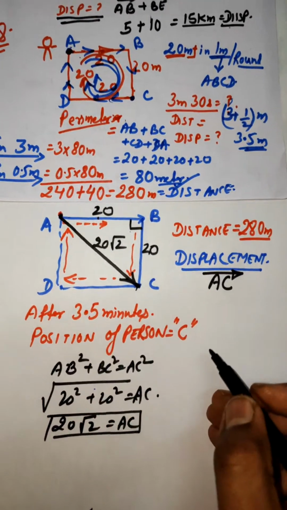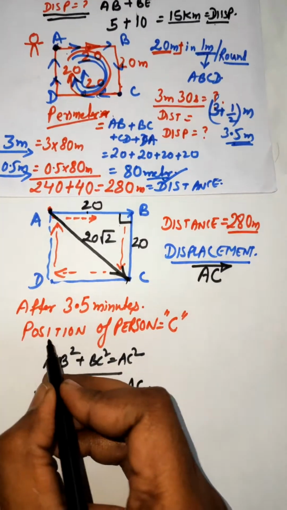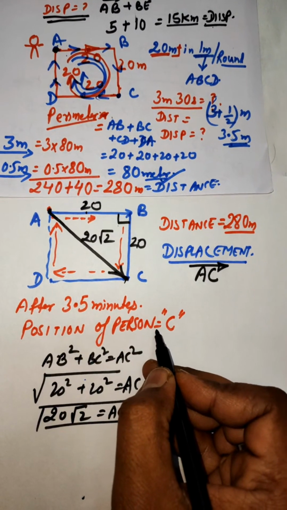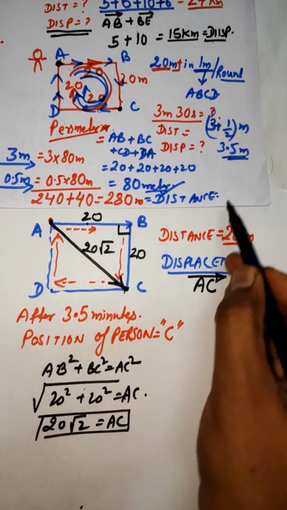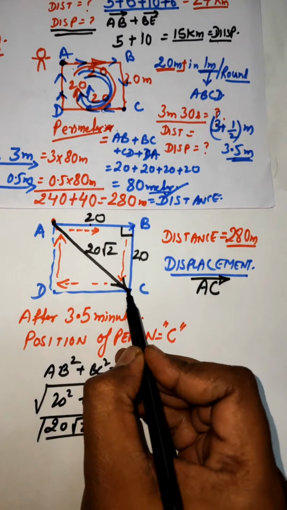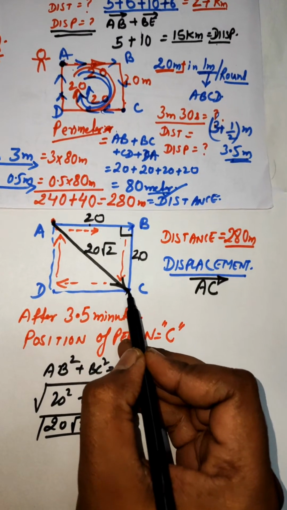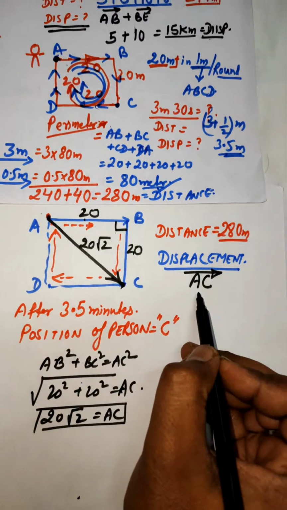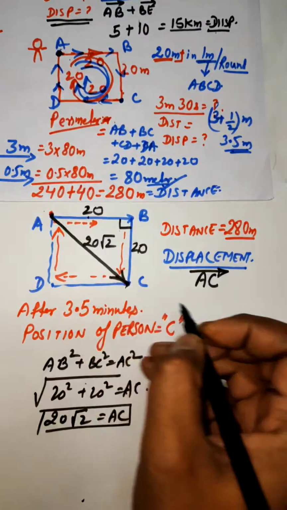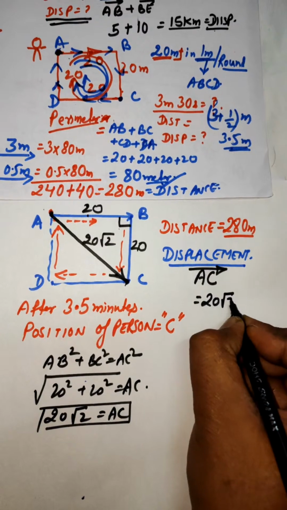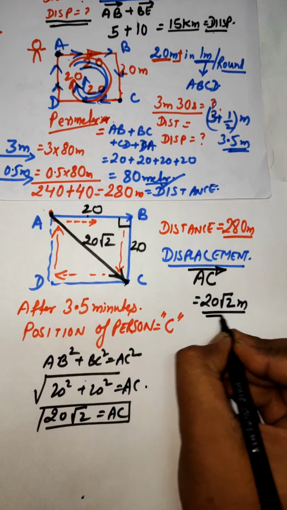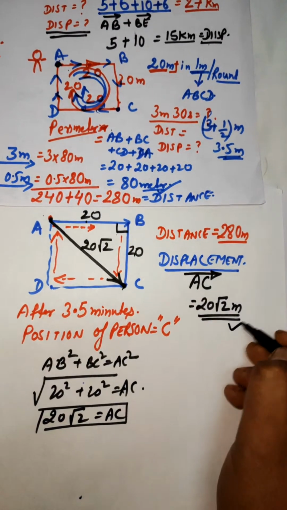Now, what is the position of the person at final when he completes jogging of 3.5 minutes? He will be at C. So this is the displacement A to C, AC. What is the distance of AC? We will see it is 20 root 2 meter. So this is the displacement and this is our answer.